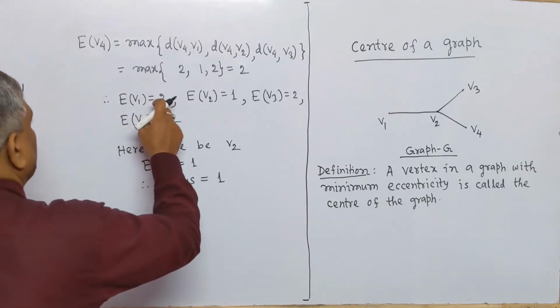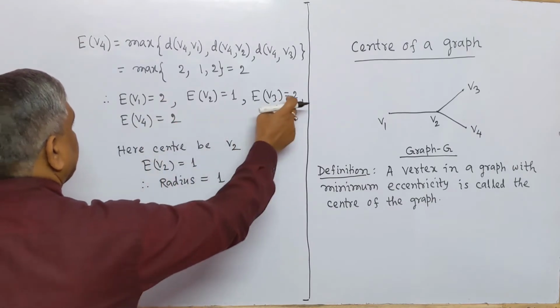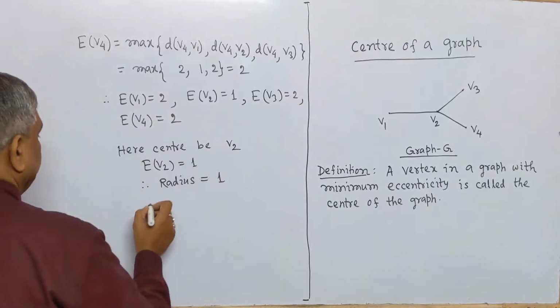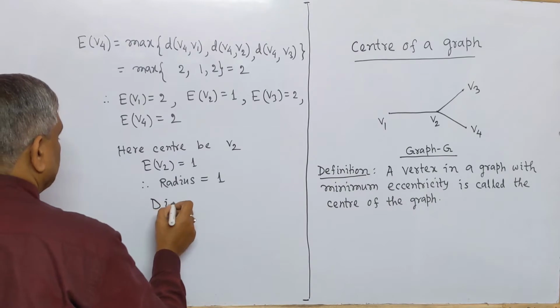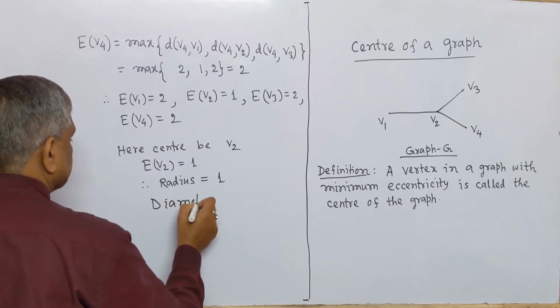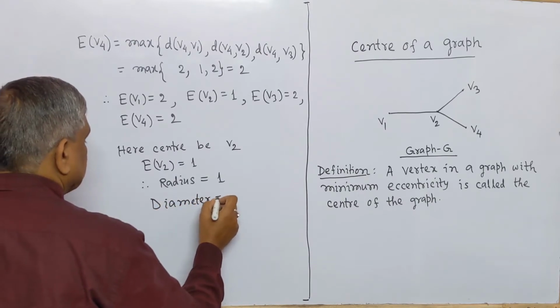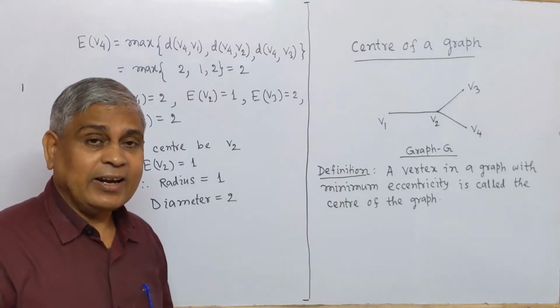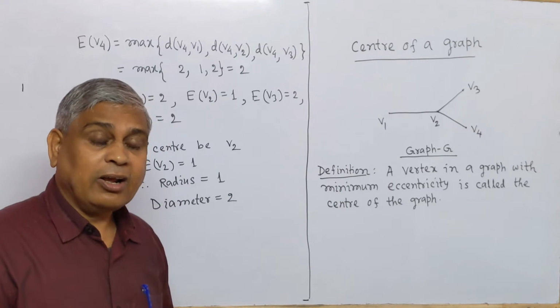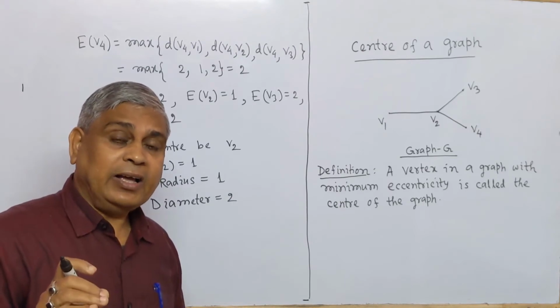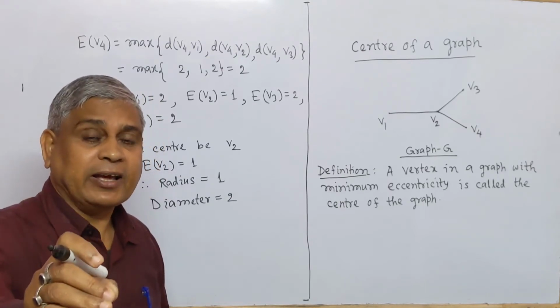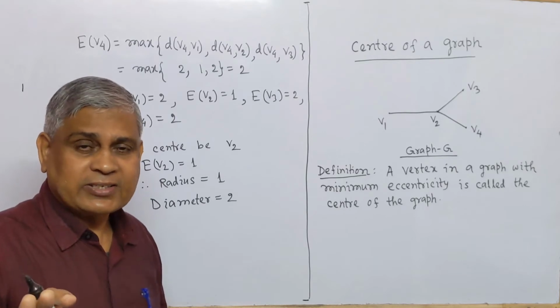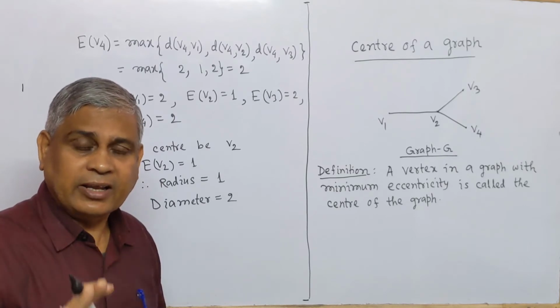Here 2, here 2, here 2. So diameter will be 2. It is not necessary that diameter will be the double of the radius. It is not necessary in the case of the tree.